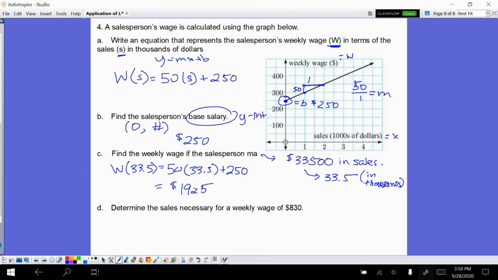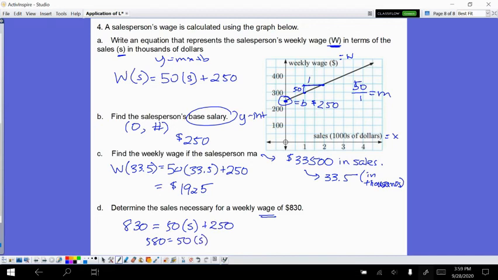If our goals are less ambitious and we just want a wage of $830, that would be a number to plug in on the left because that's a Y value. It's on the vertical axis. We need to find the sales, so obviously that's going to be the variable we solve for. And again, with a calculator, you can subtract 250 from both sides.